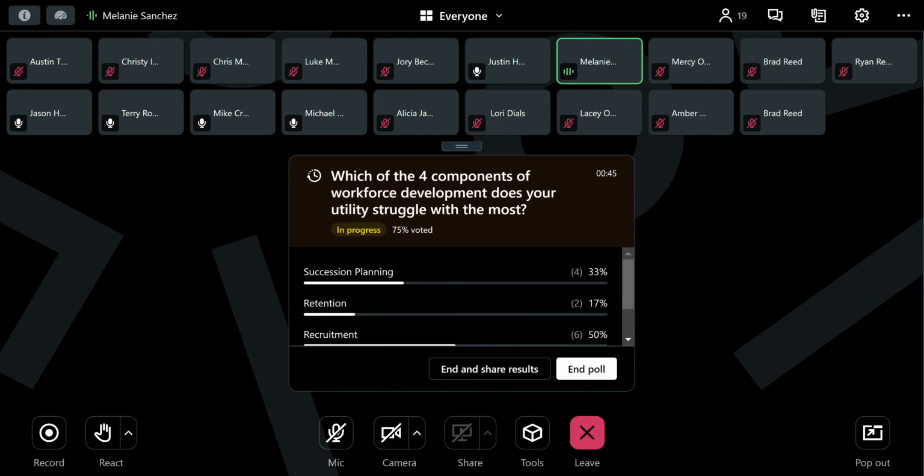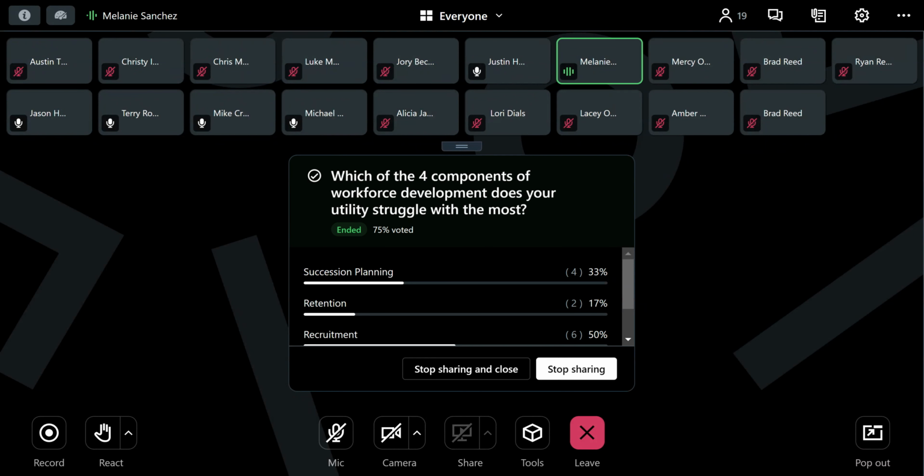Looks like most people have voted, but I'll still give about a minute fully. Okay, I'm going to close and share the poll.